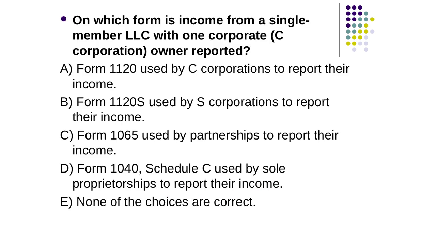All right. Question 3. On which form is income from a single member LLC with one corporate or C corporation owner reported? Give you a second to think about it if you want to pause. So the answer for this one is A, the form 1120.